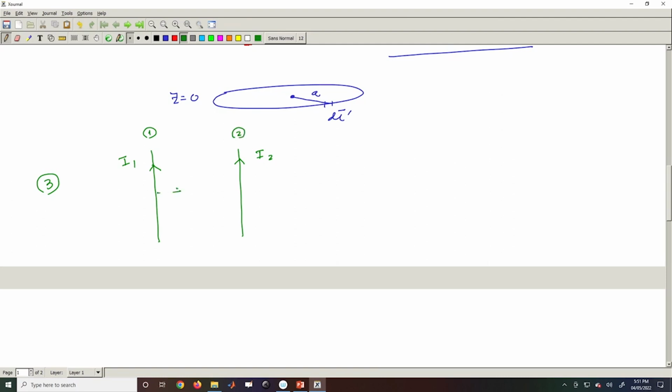The force between these two we also calculated, and the value that we got for F1 is mu 0 I1 I2 L divided by 2 pi d, along r 1 2.